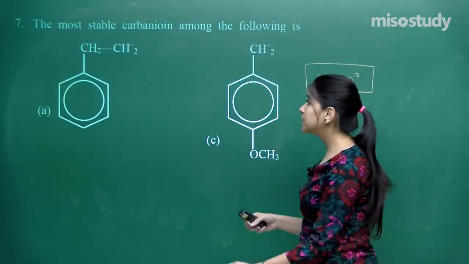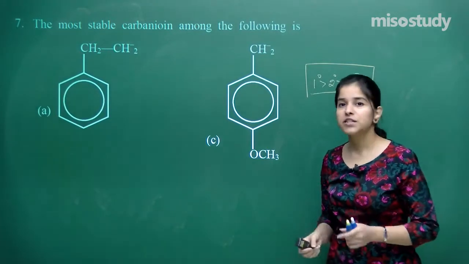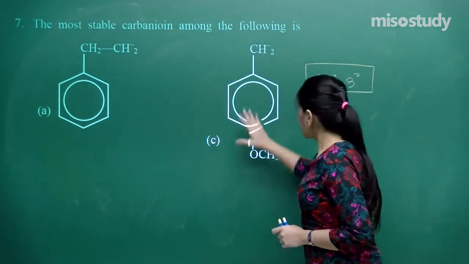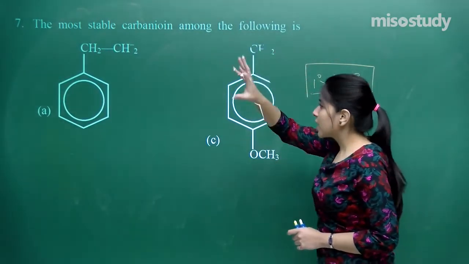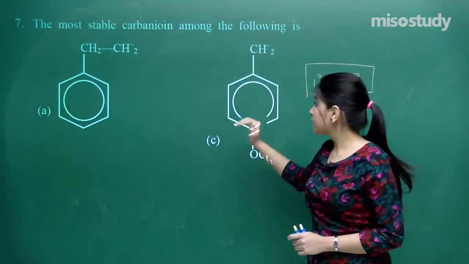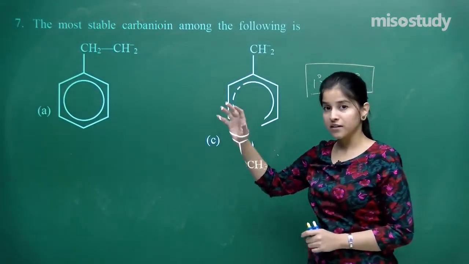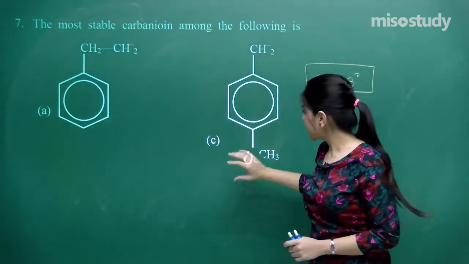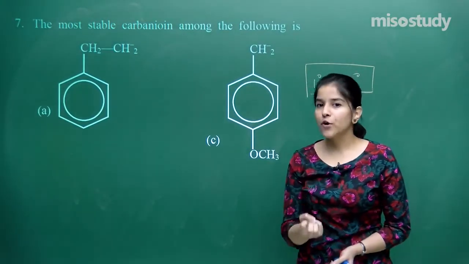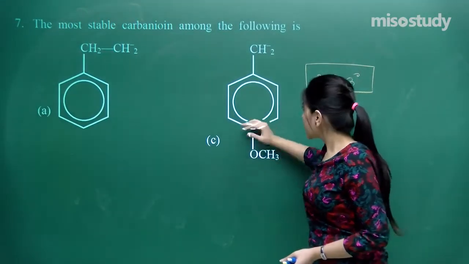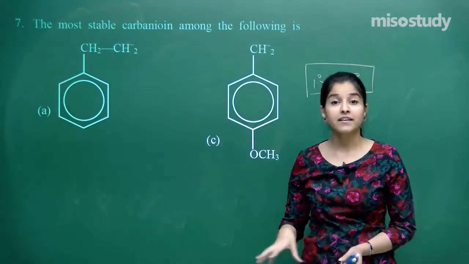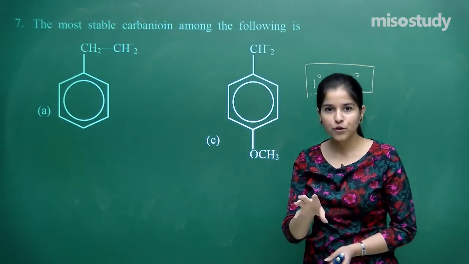So what would be the source for stabilization? It would be if these negative charges are very well displaced, are very well dispersed within the ring. So if there is some kind of a withdrawing group present over here, it would actually disperse the entire negative charge. So that is what we want to see.